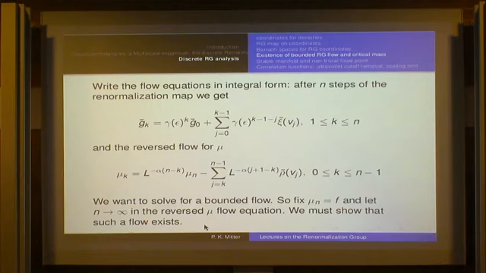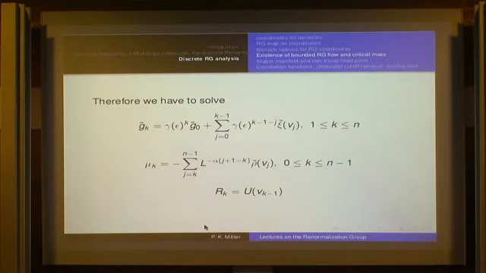And if you do that and let n tend to infinity, this term will disappear, and you'll get this equation. I now have to show that this equation has a solution and possibly a unique solution.